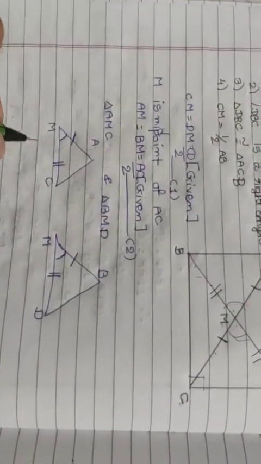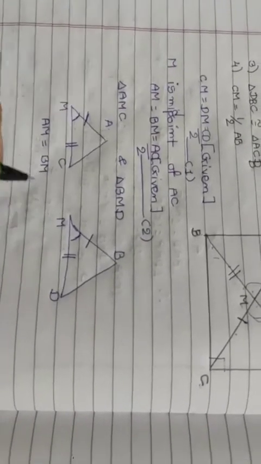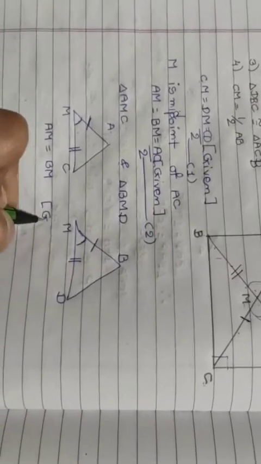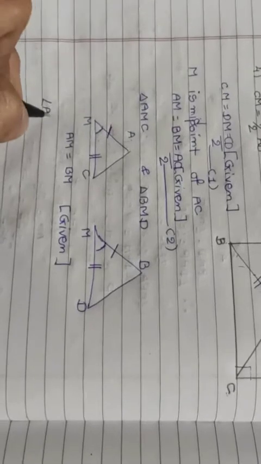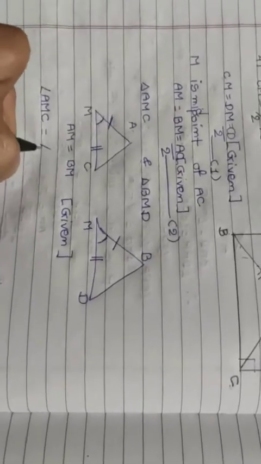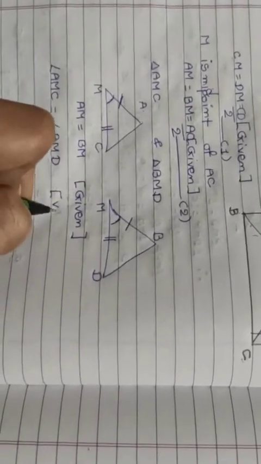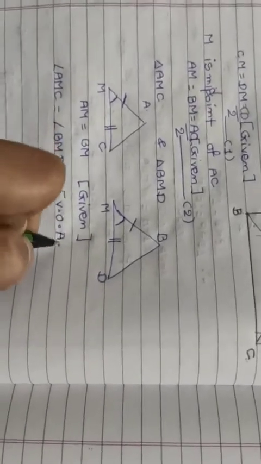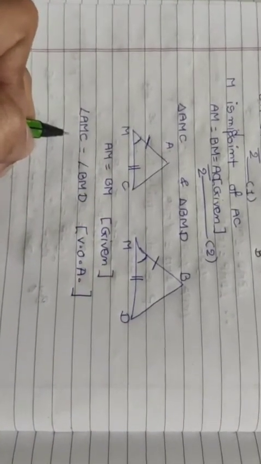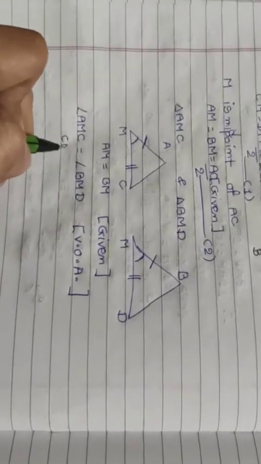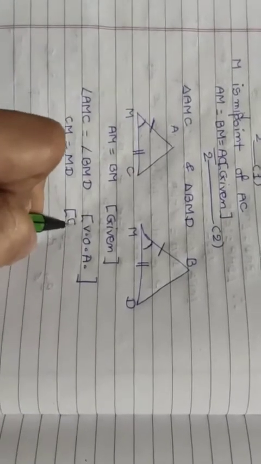So AM is equal to BM, that is given. Angle AMC is equal to angle BMD because they are vertically opposite angles, and a pair of vertically opposite angles are equal. Now one another thing, CM is equal to MD, that is given.